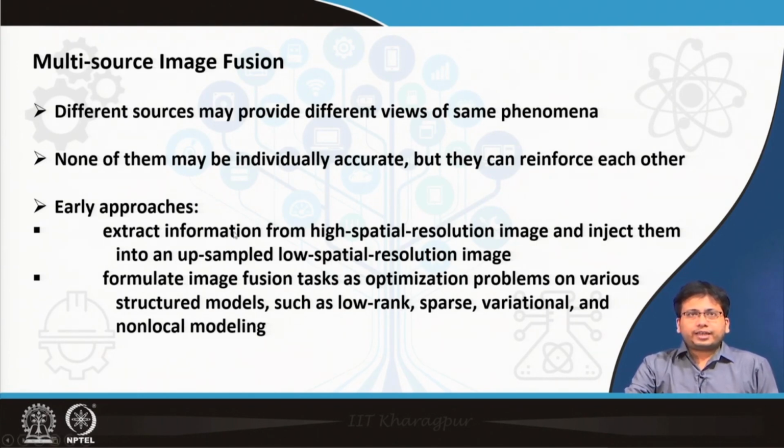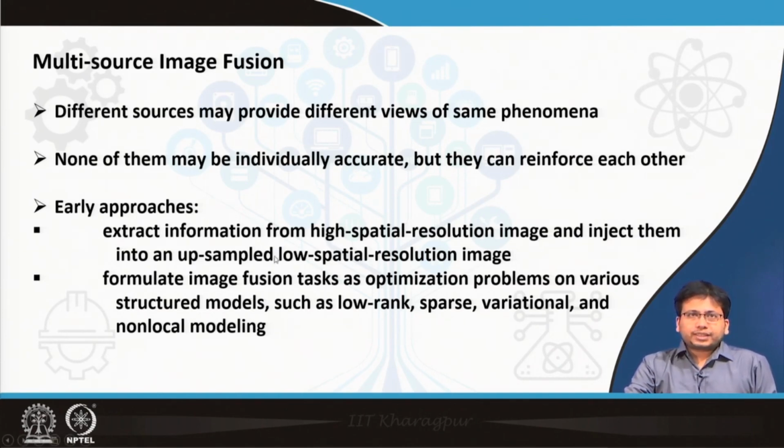So, the early approaches were to extract information from one source of image which might have certain desirable property like high spatial resolution, and somehow inject those properties into another image which may not have that property. Let us say it's a low resolution image, but it may have some other desirable properties.